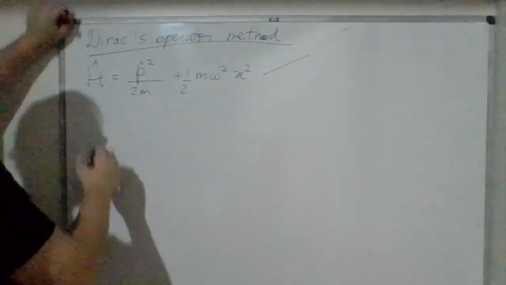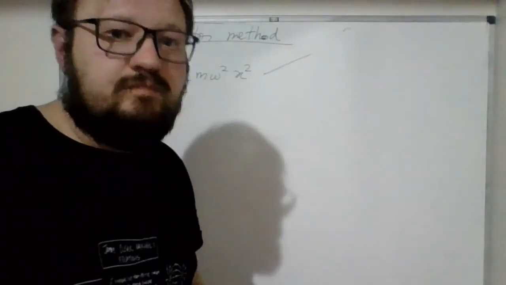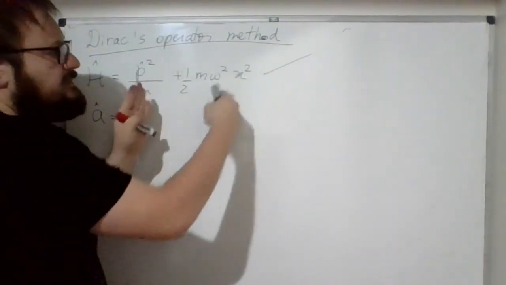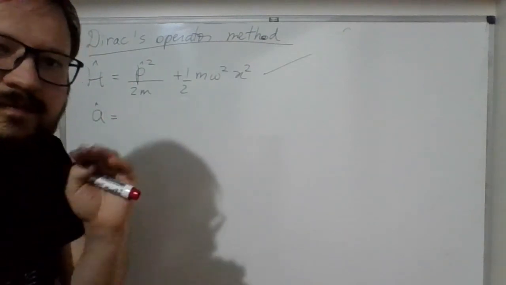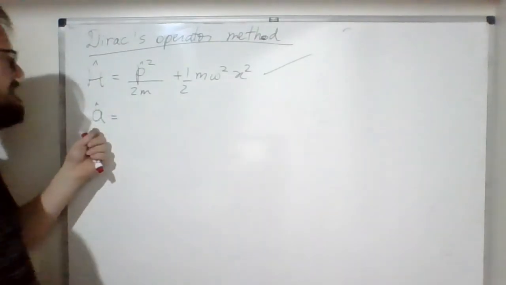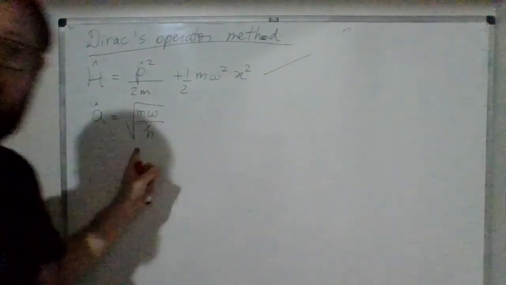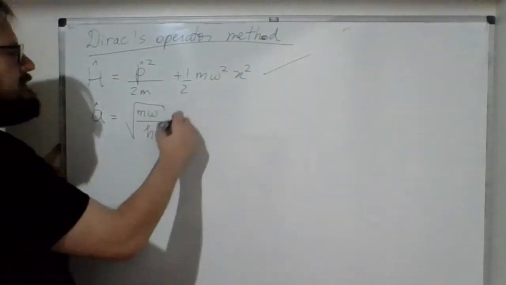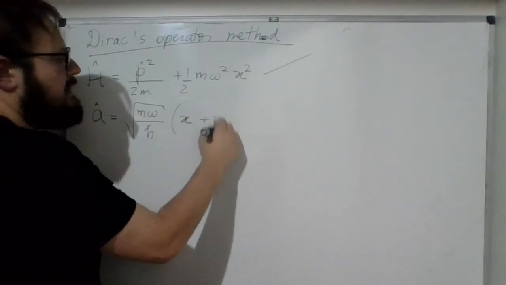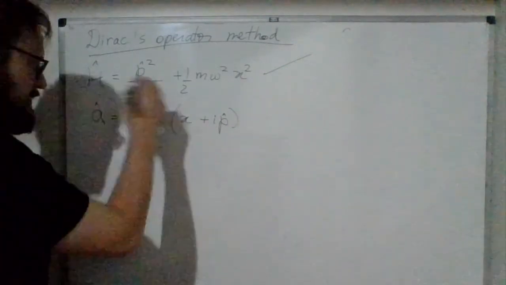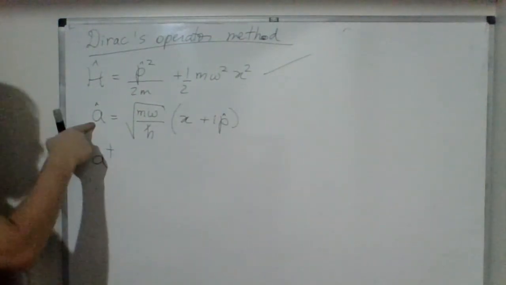You can define an operator A. To be very precise, you cannot just separate things like in the classical world, but you can look at what happens if you define this operator as square root of m omega divided by h bar, which is the needed normalization, times x plus i times the operator p. x is also an operator in quantum mechanics.